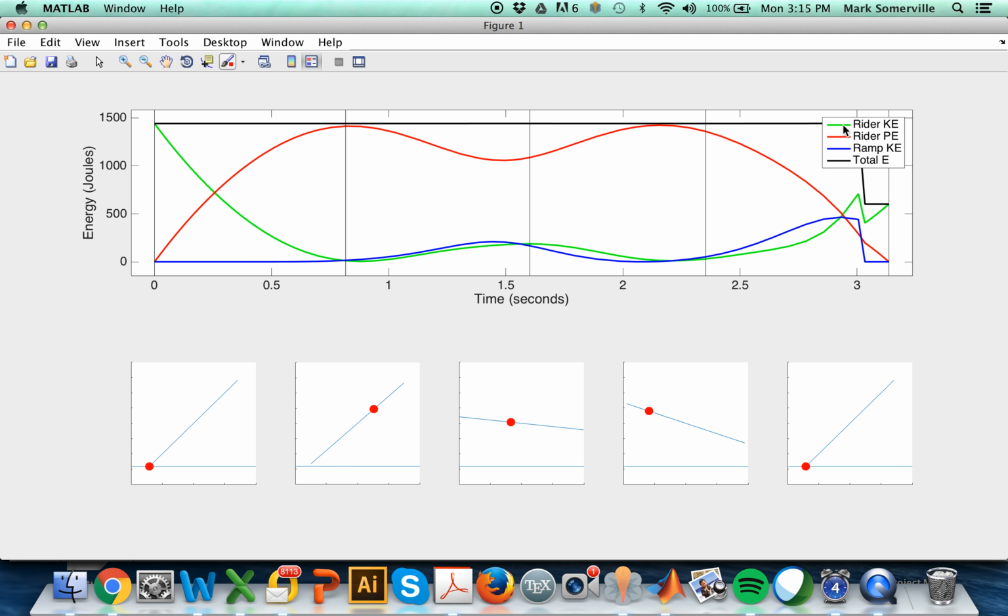So you've seen this before with the rider kinetic energy, rider potential energy, ramp kinetic energy, and total energy, and what's happening with the rider at different points along the way. These are just keyframes that are pulled out at different times and are marked. This was a piece of code that took a little while to write because we had to create all these different things in different places and make all that work, but it was definitely worth it in terms of being able to put something on that poster that made sense.